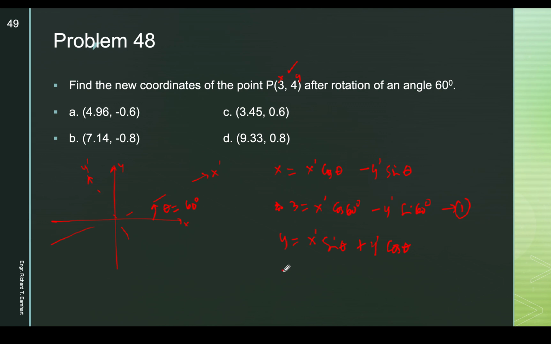So this is 4 equals x prime sine of 60 degrees plus y prime cosine of 60 degrees. So we have 2 equations, 2 unknowns, x prime and y prime. You can compute this directly from your calculator, 2 by 2, and this will give you 4.96 for x prime, and for y prime that is negative 0.6. Okay, that's letter A.